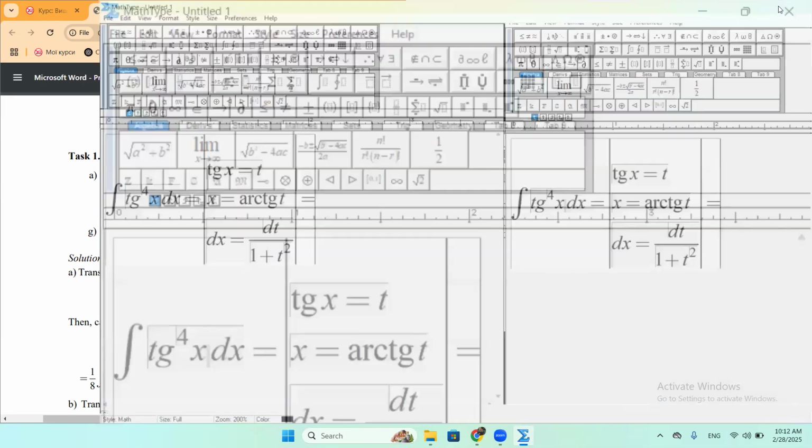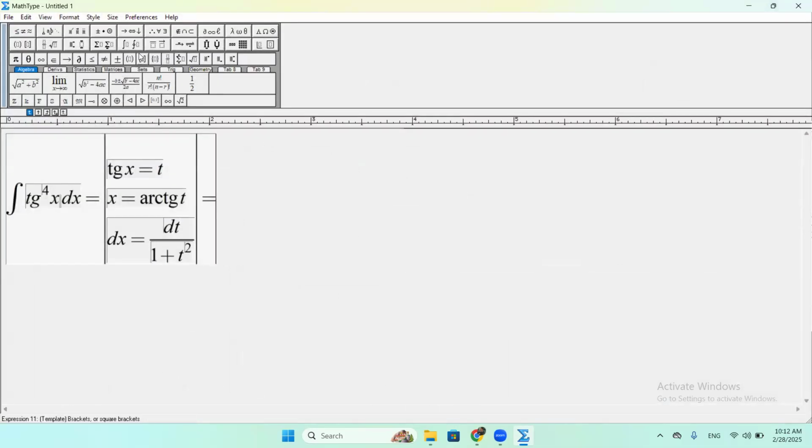So now we will rationalize this integral with this substitution. So what do we have? t to the power of 4, and now multiplying by dx, so dt, and divide by 1 plus t square.